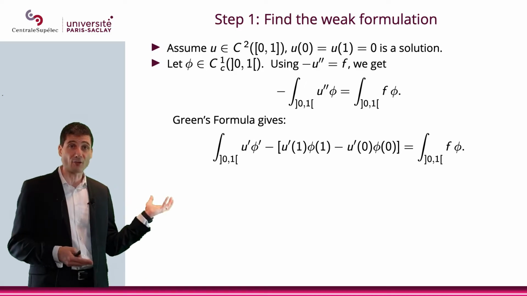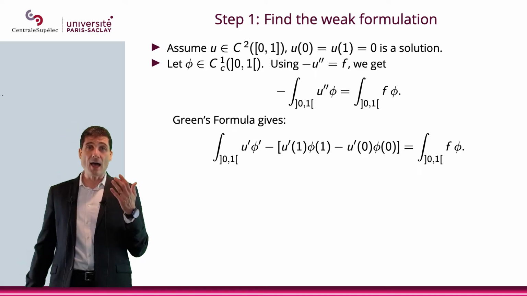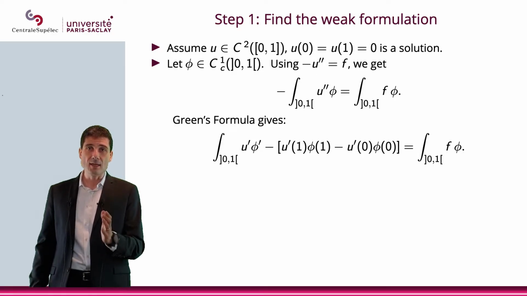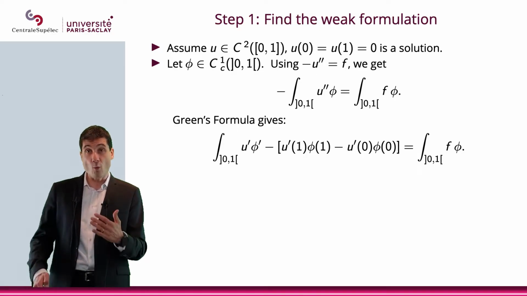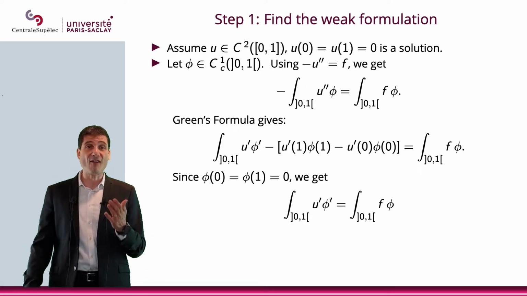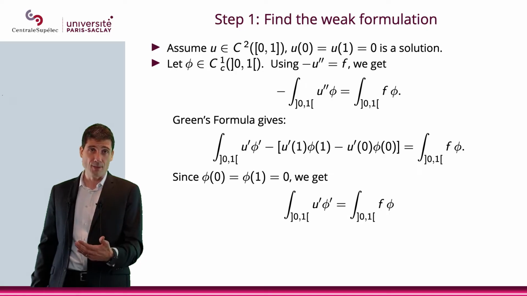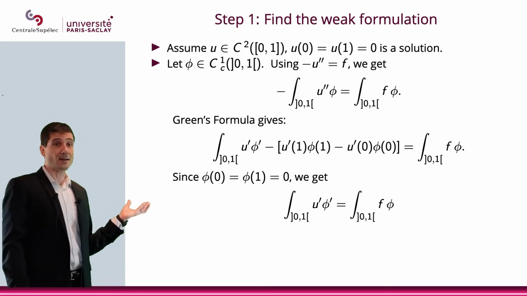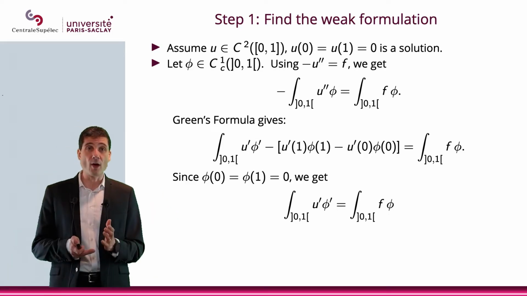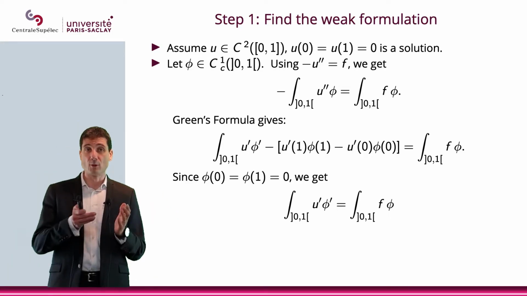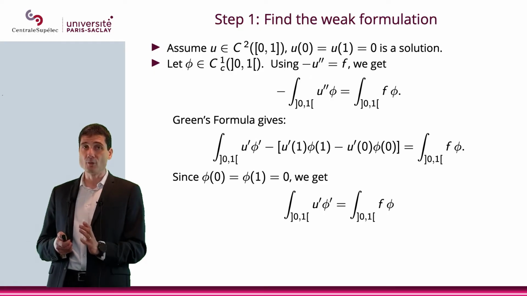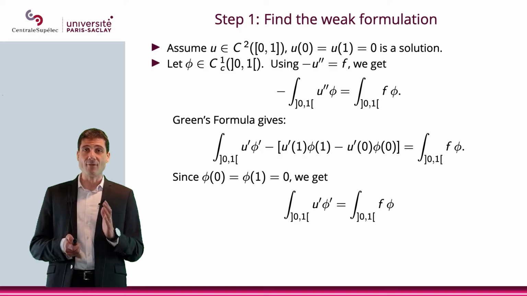So here's the Green's formula that you have. And of course, because phi has compact support, we know that phi(0) and phi(1) will be 0. Subsequently, that bracket will vanish, and I'm left with the integral between 0 and 1 of u' phi' equals the integral between 0 and 1 of f phi.